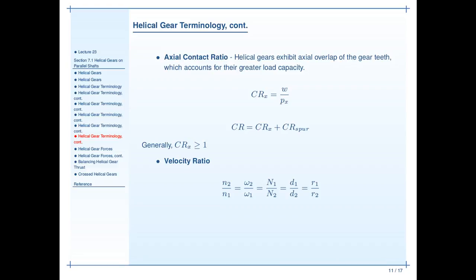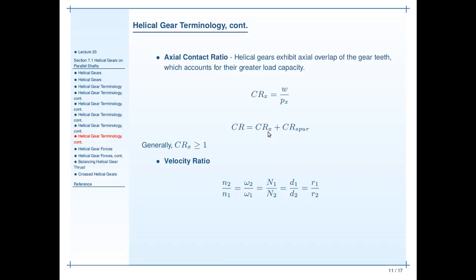The axial contact is equal to, defined by, the face width divided by P sub x. And when we look at the contact ratio for helical gears, we find that the contact ratio is equal to the contact ratio we would compute for equivalent spur gears plus the axial contact ratio.